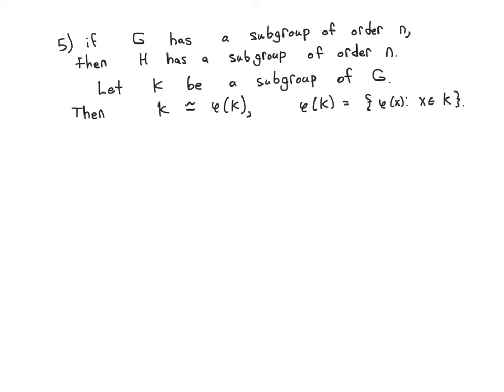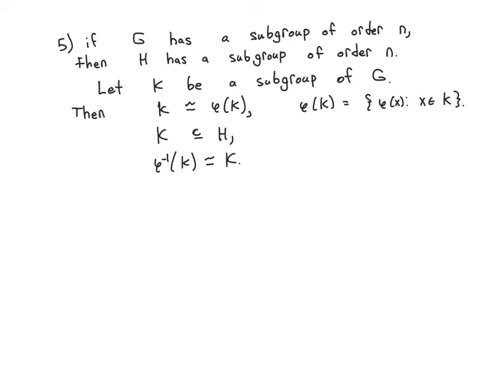A more precise statement is: given a subgroup K of G, K is isomorphic to phi of K, where phi of K is the image under this isomorphism. Or equivalently, if you've got a subgroup K of H, then phi inverse of K is isomorphic to K. But that follows from the fact that phi inverse is also an isomorphism.